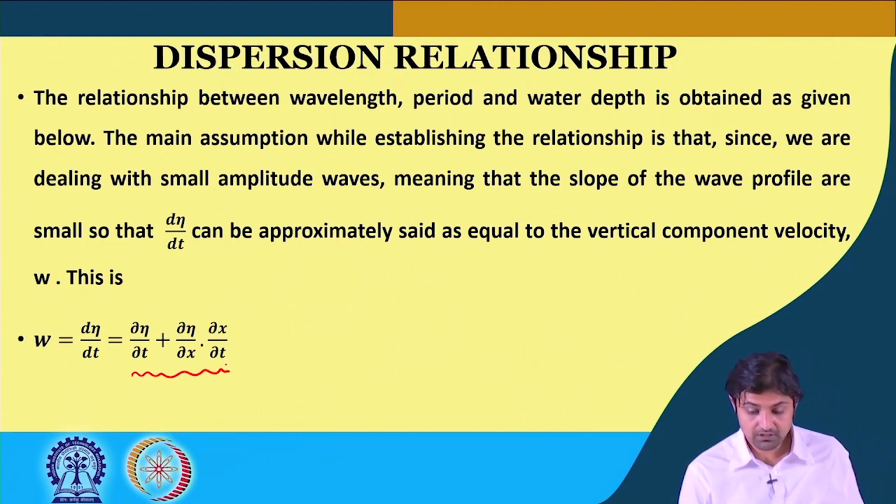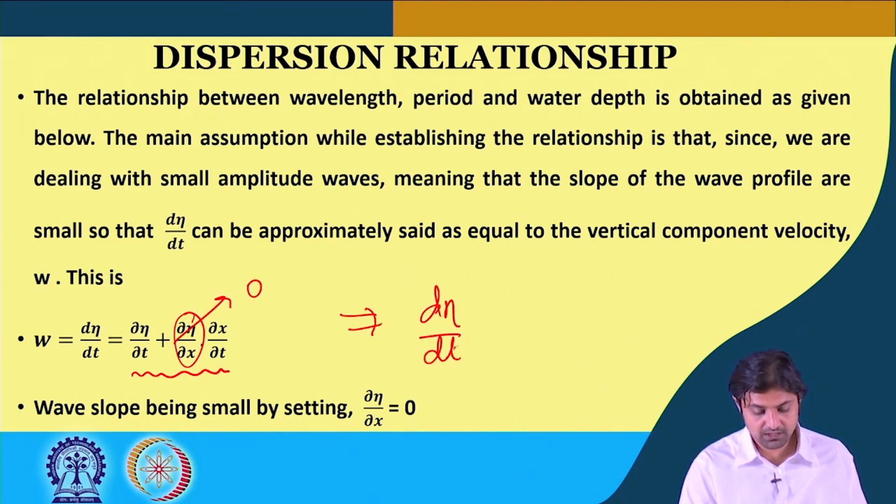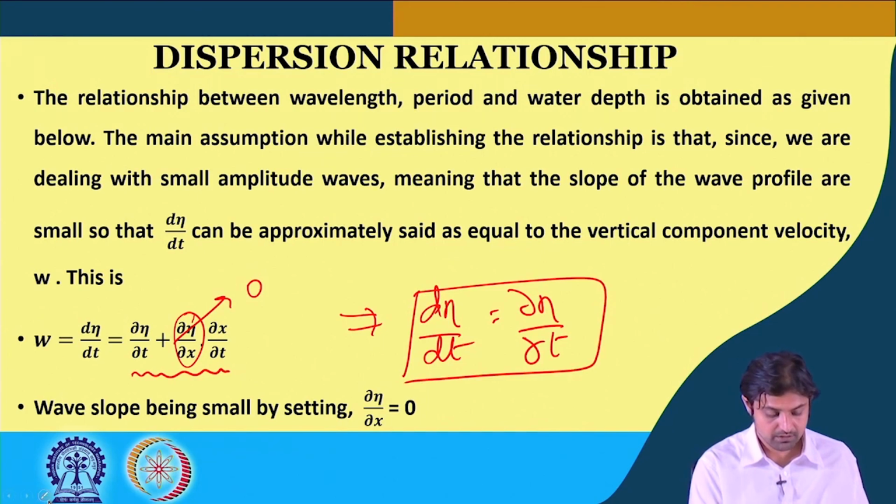So, wave slope being small means del eta by del x is approximately 0, which implies d eta by dt is equal to del eta by del t, all right.